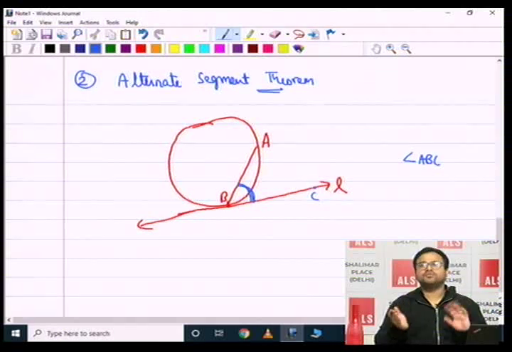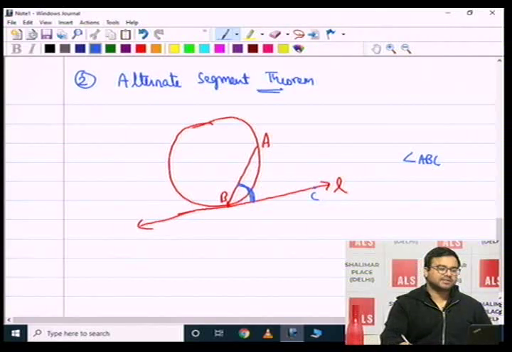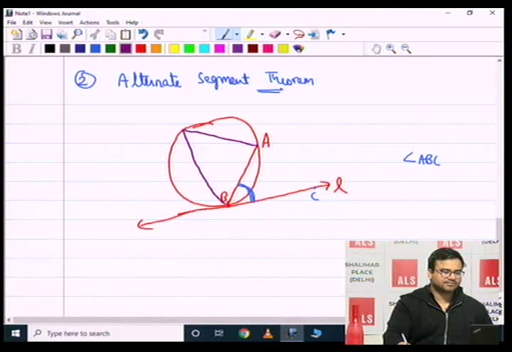Those two parts are known as segments, major and minor. So this one is one segment on the right side of this chord, and the other one is the larger segment. So this chord will make one more angle in the other segment from points A and B at the circumference of the circle, like this.